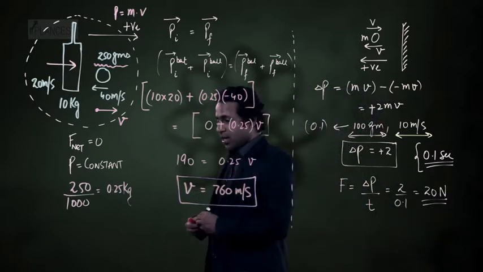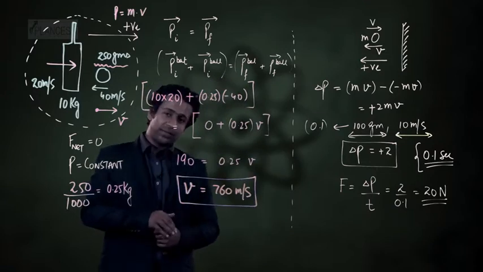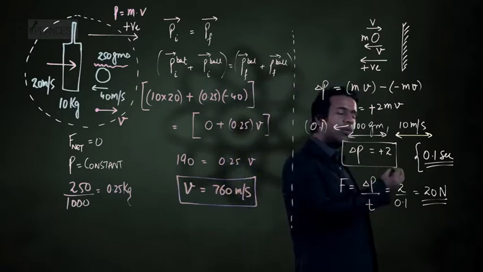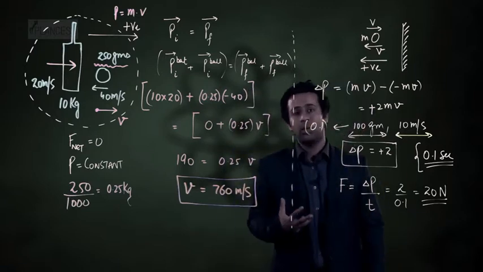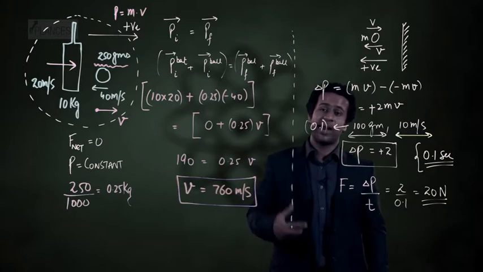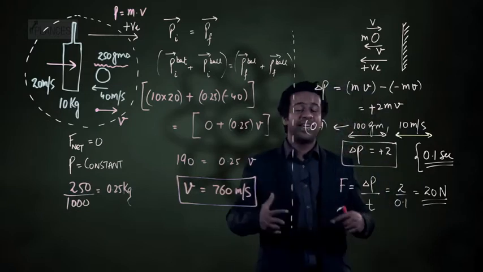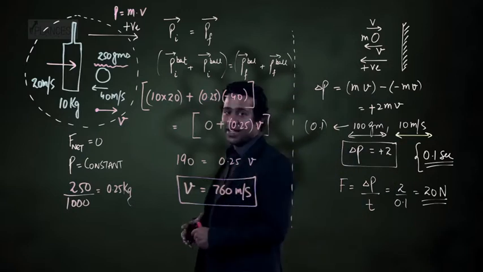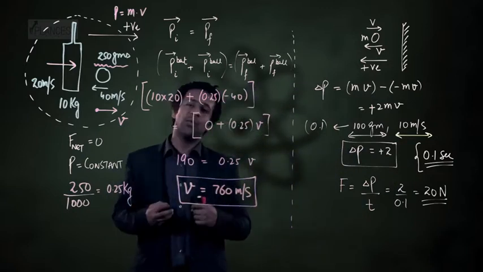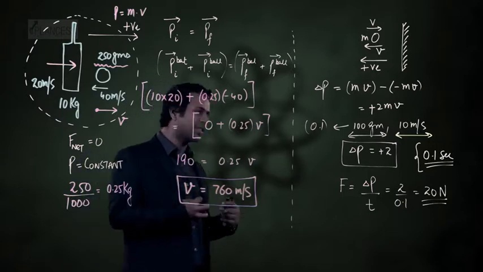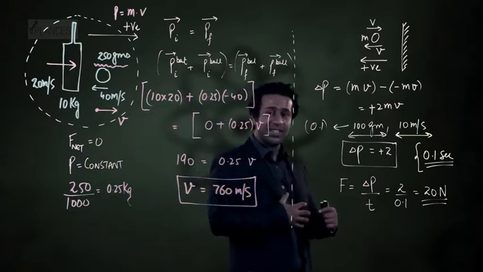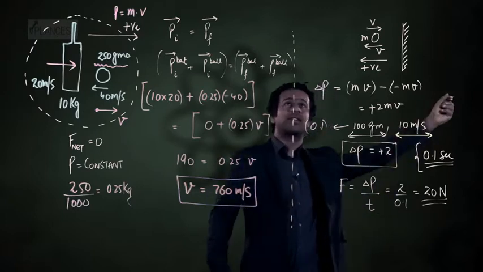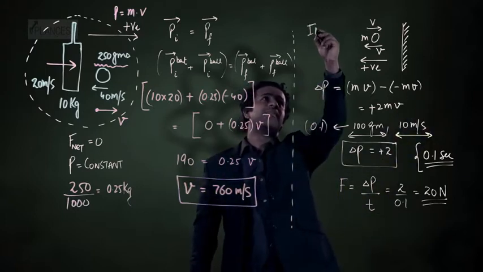So, a force of 20 Newton was applied for a very small interval of time, 0.1 second, and it brought about a noticeable change in momentum. The ball completely reversed its direction. So whenever there is such a case, when in a very small interval of time a force acts and the momentum change is noticeable, in such situations the force which is applied is called the impulsive force.